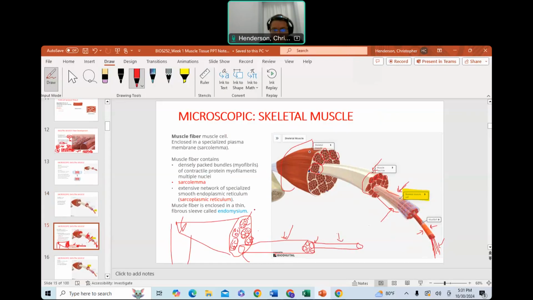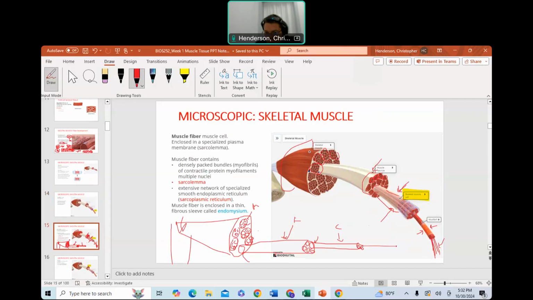All right, so you've got muscle, you've got fascicle. What's this guy? This is a muscle cell or fiber, aka fiber. We have all the organelles in there: sarcoplasmic reticulum, sarcolemma, etc. But what's the organelle that it's mostly made of? We've got these tubular structures in there that allow it to contract.